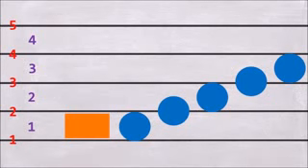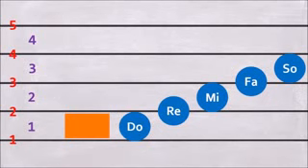Again, those are going to be called steps, and they are going in order. Do, re, mi, fa, and so. And let's try singing through it. Here's do. Do, re, mi, fa, so. Awesome.